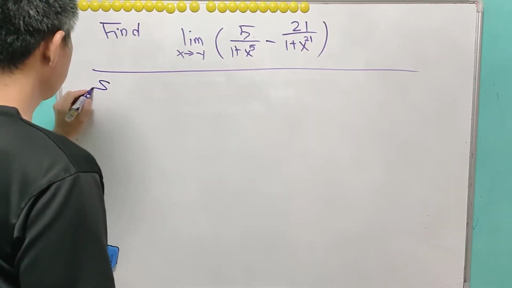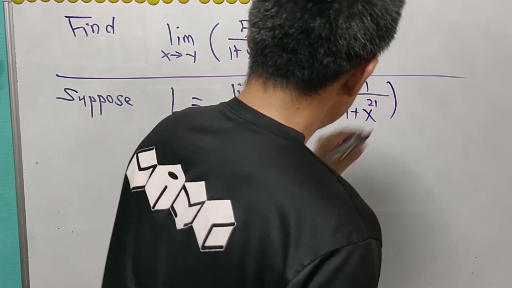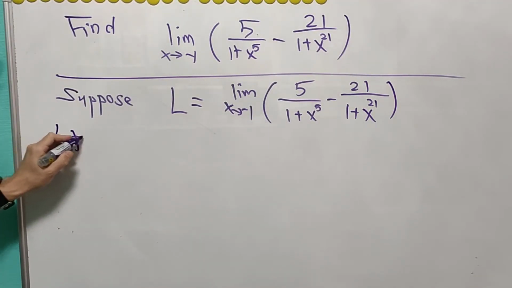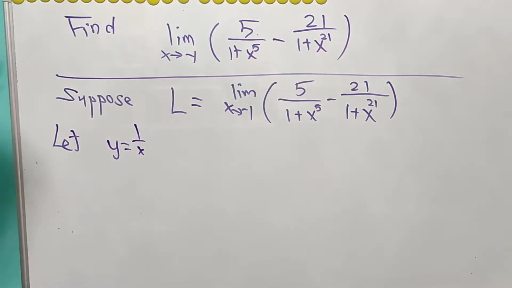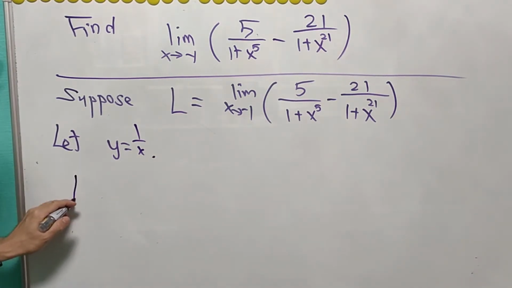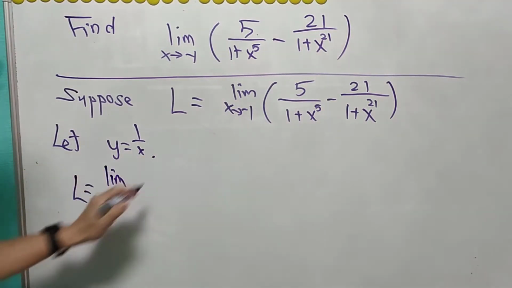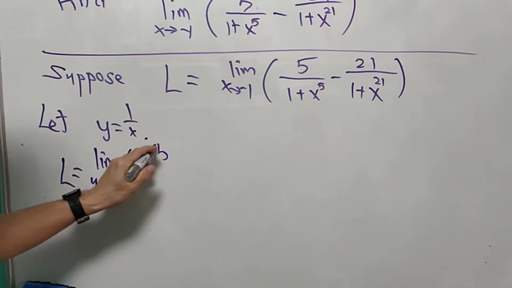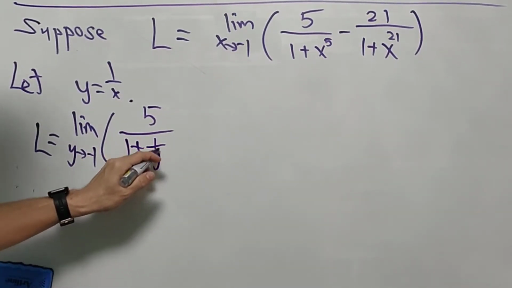So suppose L is the limit. Now we will let y be equal to 1 over x. If y equals 1 over x, then L can be written as a limit. When x goes to -1, y will also go to -1. And x to the power of 5 becomes 1 over y to the power of 5.